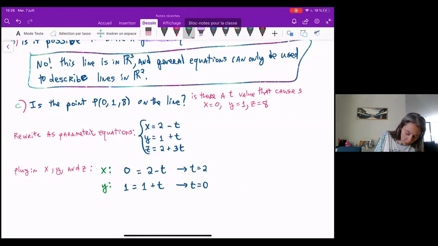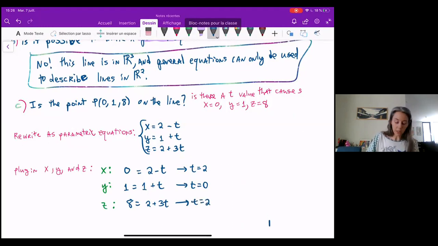If I were to continue with z here, then I could say 8 is equal to 2 plus 3t, which would give me 3t is equal to 6. So this would give me t is equal to 2. So notice here, even though these two t values are the same, the t value that would make y equal to 1 is different.